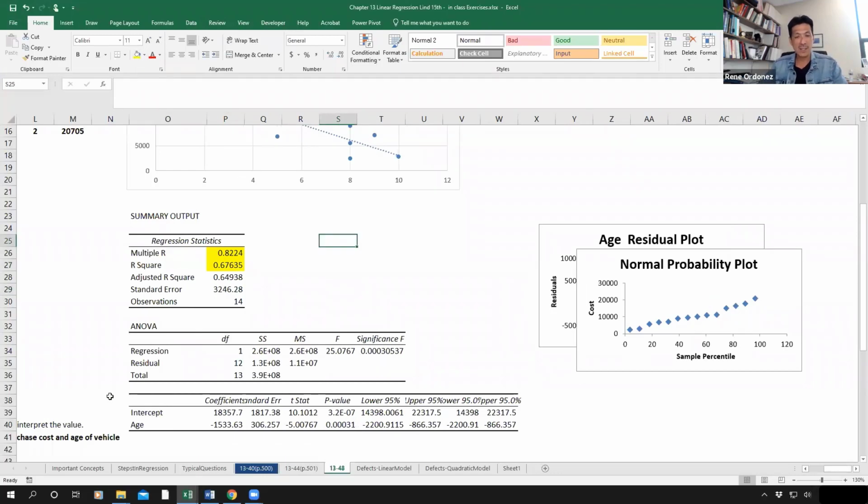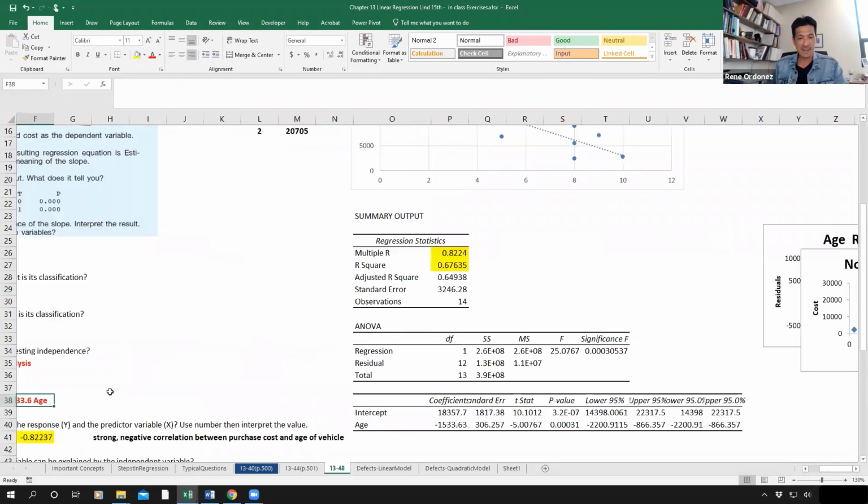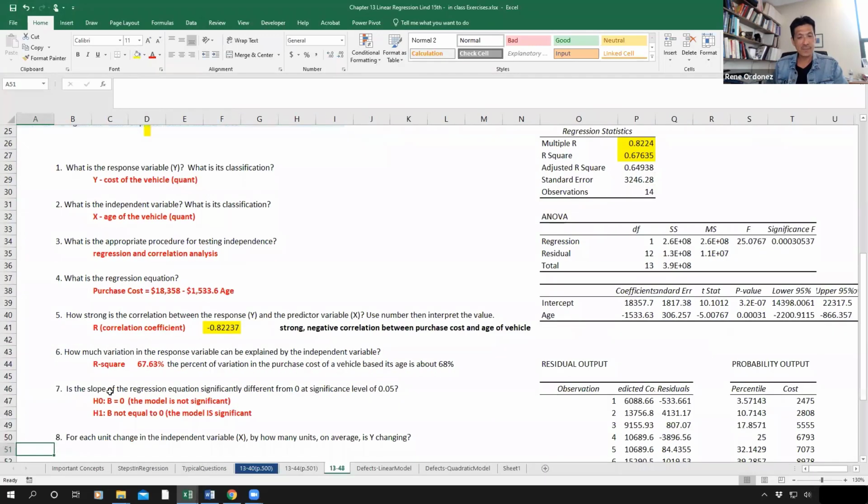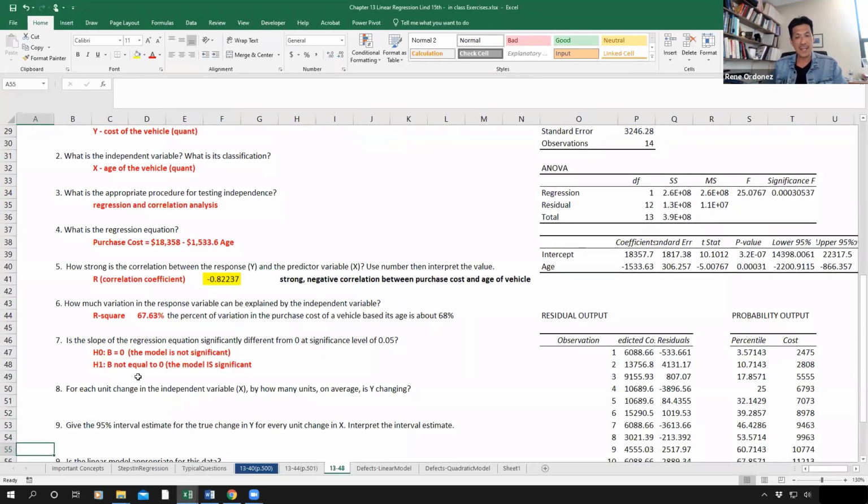But for the slope test over here, we will reject the null hypothesis if the p-value associated with the slope is less than alpha. Okay, so that is the decision rule.